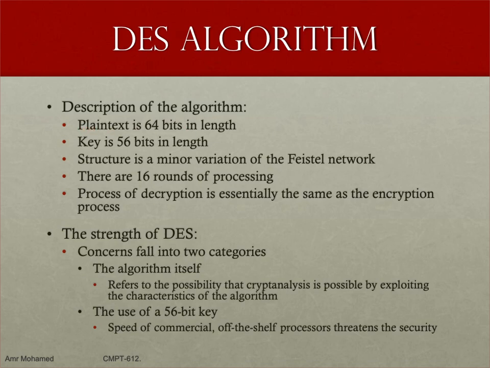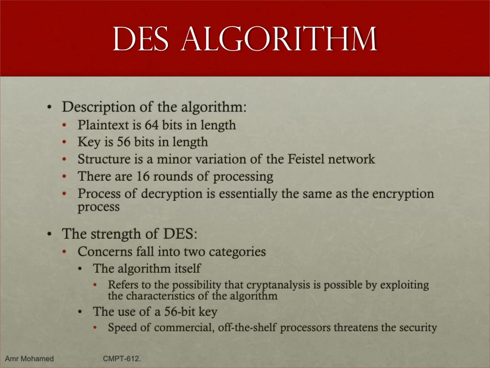This takes a block size of 64 bits. So the block size is fixed. If you have very large plain text, you need to first divide it into 64-bit blocks, okay? And then apply the algorithm on one block at a time. At a later stage, at the end of this chapter, we will talk about some pipelining as well, which we call mode of operation. So we'll talk about that.